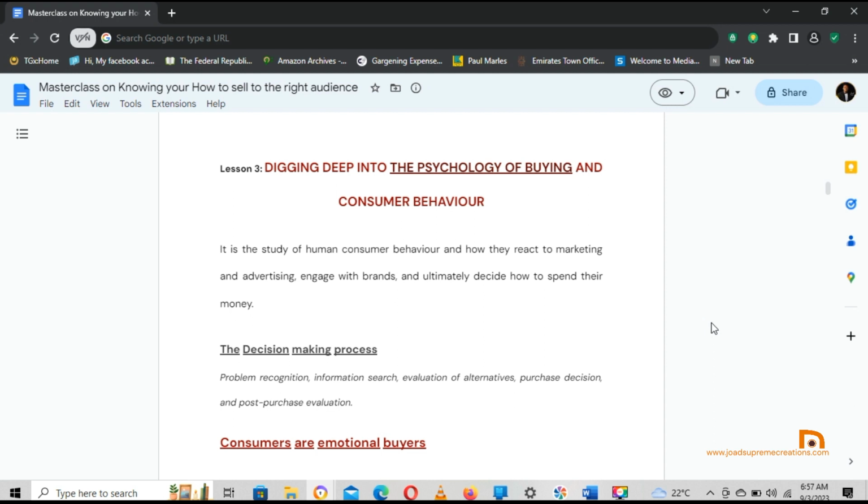Some of your target audience are in segments. Some of them don't know that they have a problem yet, while some already know that they have a problem. Some know they have a problem and are in search of a solution. After they become aware of their problem, they'll start to seek a solution: information search. From that, they will see different options, so they'll start to evaluate their alternatives. Then eventually they will make their buying decision, or the purchase decision, and then post-purchase evaluation.